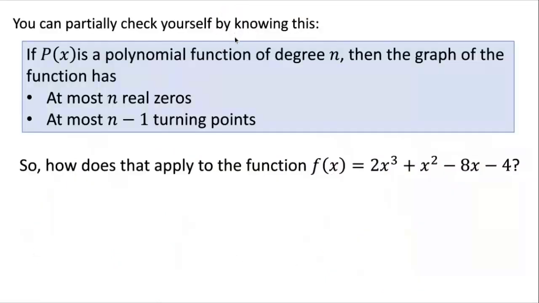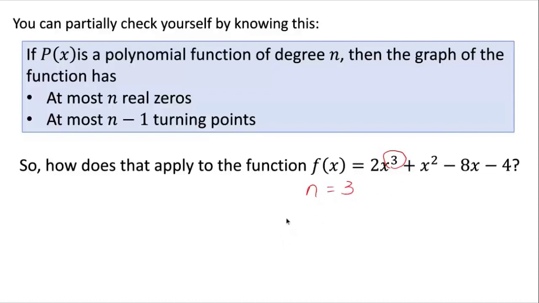We can also just know something else about it. If we have a polynomial function, if you look at the degree, then the function has at most that many real zeros. And then if you take that degree and subtract 1, that means you have at most n-1 turning points. So here on this function, which is the same one we were looking at before, we have a 3rd degree polynomial.